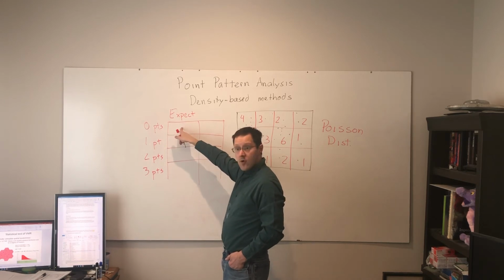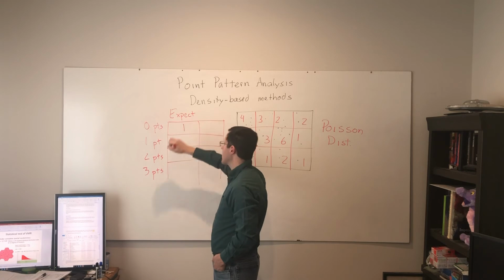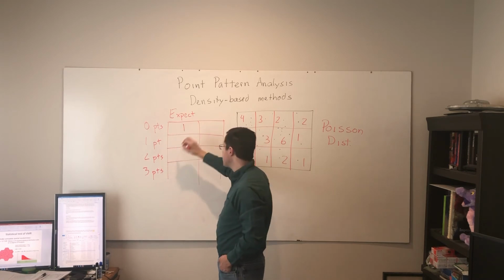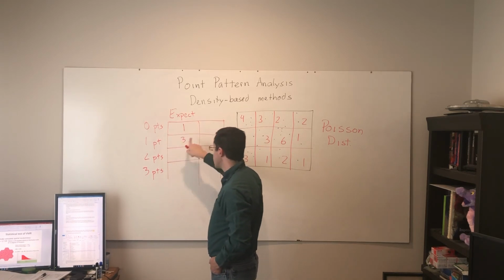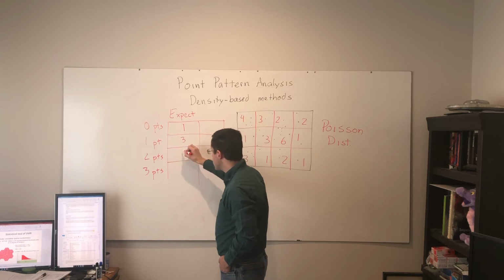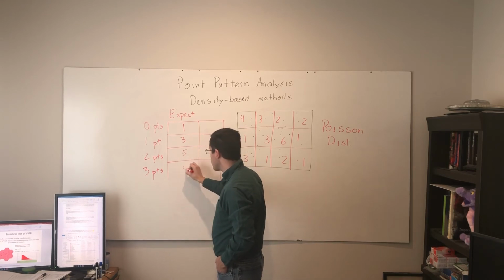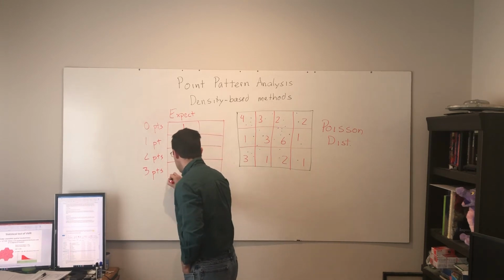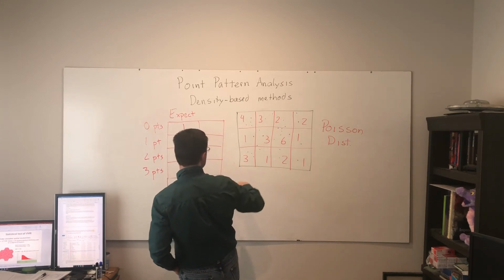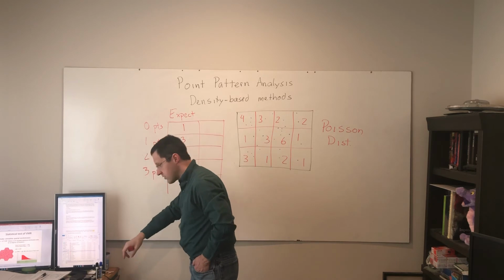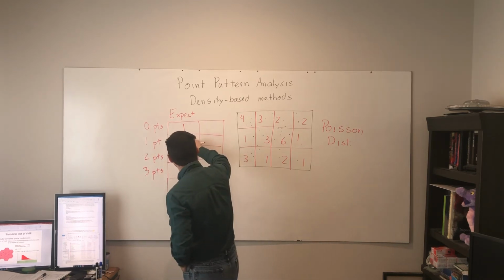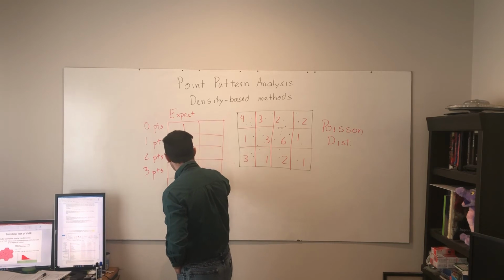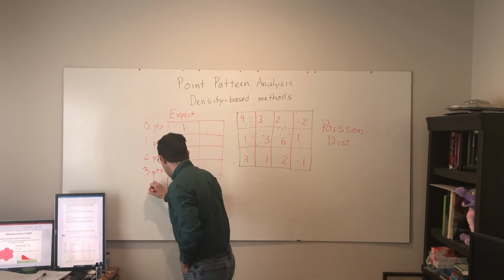Under the null hypothesis, I might expect, say, one cell to be completely empty, 3 to have 1, 5 to have 2, 5 to have 3. And I've already exceeded the number of cells, so I need to adjust that. 2, 4, 4.